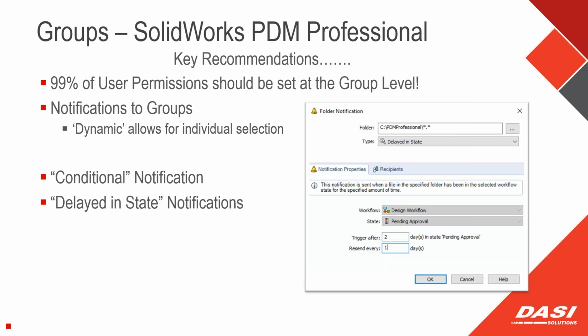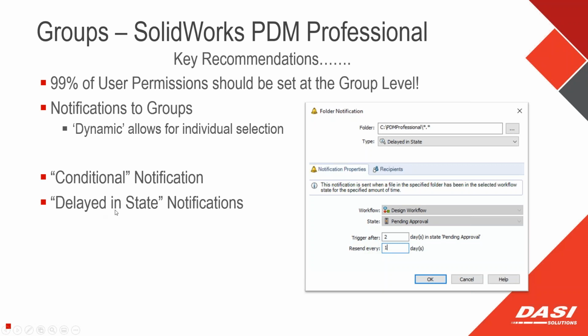So if somebody put in a value of prototype versus refurb versus new design into a field, that particular property might then trigger the notifications to go to the prototype group or the refurb group or the new design group. So it's an incredible way to have a single type of notification be variable, simply based on the situation at hand with the data in the file. No real knowledge of the user transitioning those would be necessary.